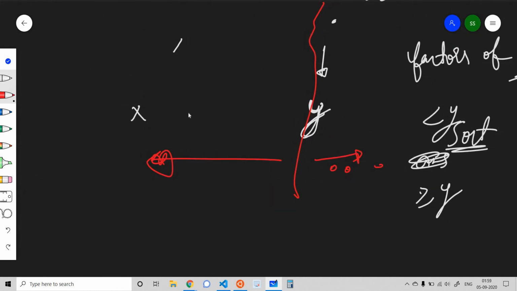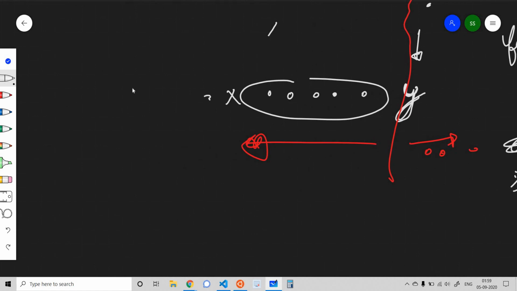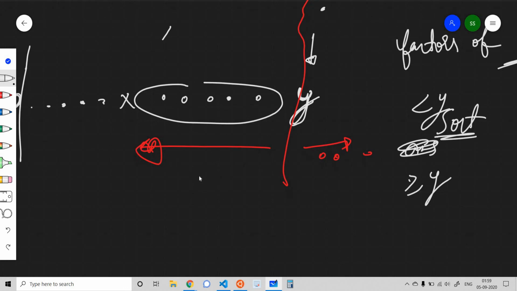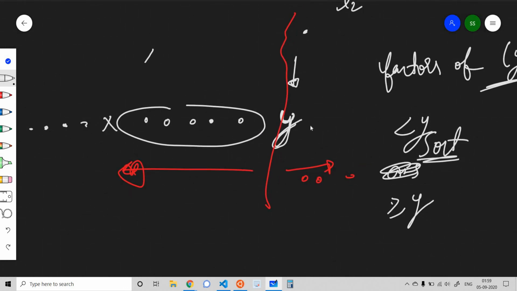So first of all, we will place elements in between x and y, and if we are still left with a few elements, then we will try to place them to the left of x. Also our elements cannot be less than 0. And if we are still left with a few elements even then, only then will we place them on the right side of y.